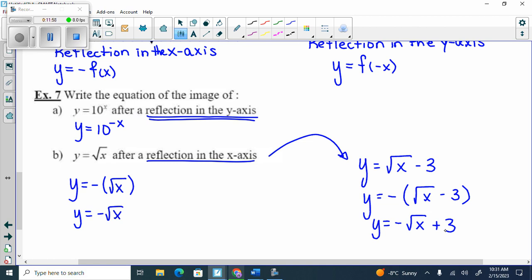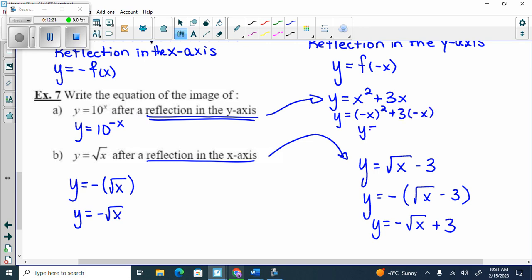But if I gave you this as my original, say it was y equals x squared plus 3x, there's more x's than just one, correct? So every x has to be negated if it's a reflection in the y. So I would get y equals negative x squared plus 3 times negative x.